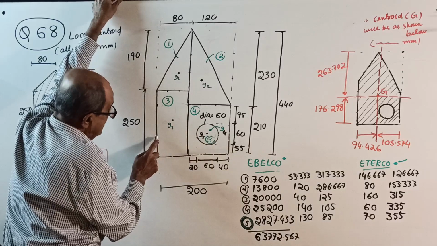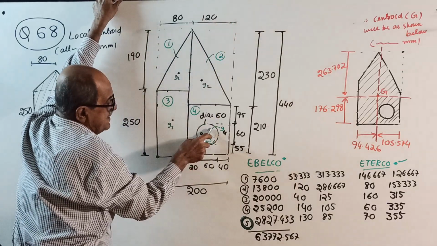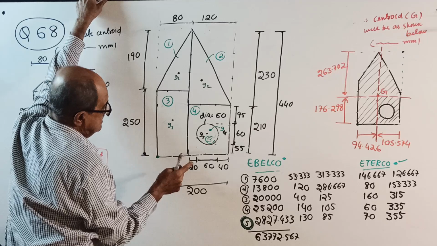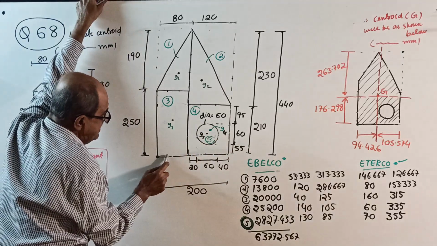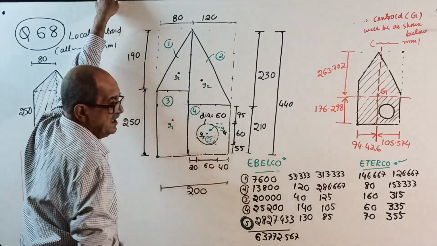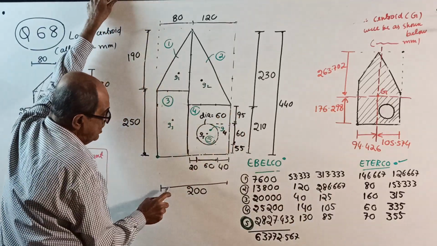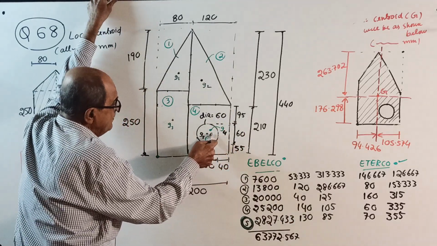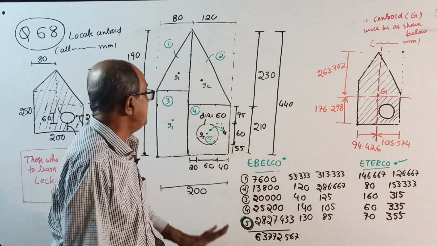G4, 80 plus half of 120, center of rectangle. G6, G5, from here to here is 80 plus 20 plus half of 60. Or 200 minus 40 minus half of 60. That will do. Yes, Y.